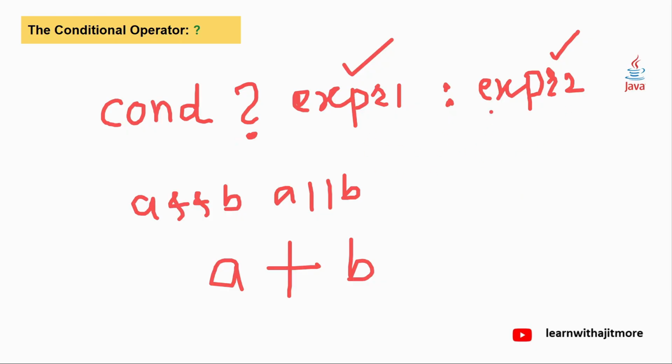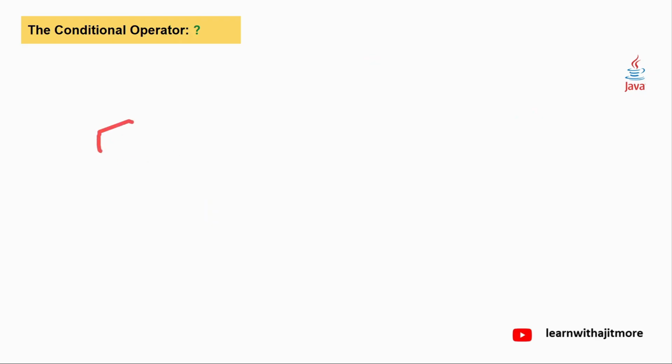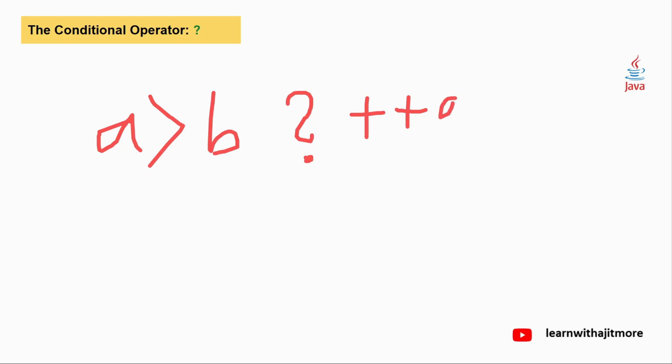Only one of them, depending on the condition. If your condition is true, it will evaluate the first part, and if the condition is false, it will evaluate the second part. I hope that part is clear to you. So remember, if I write A greater than B, if true I write ++A, otherwise I write ++B.